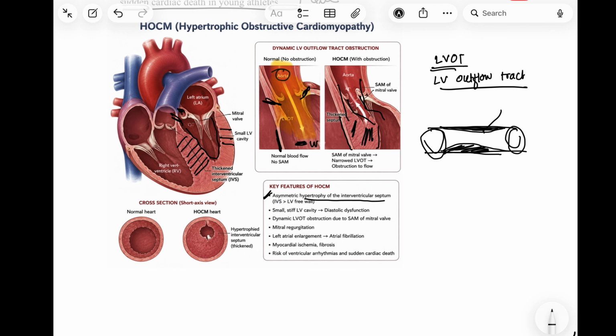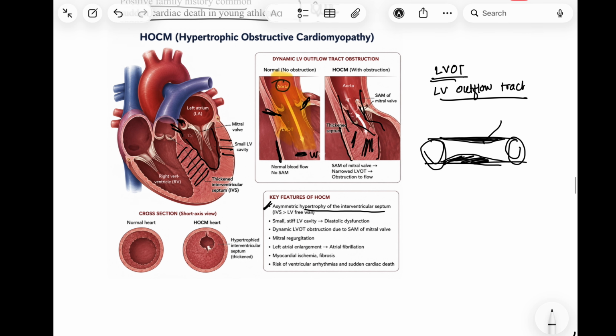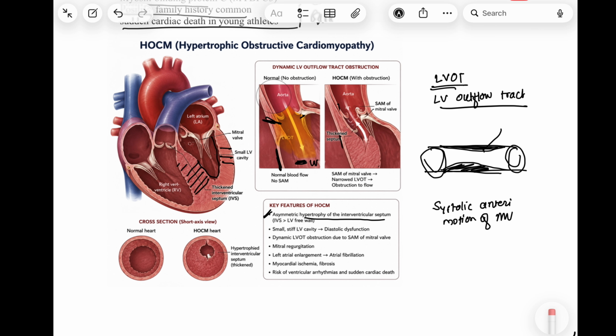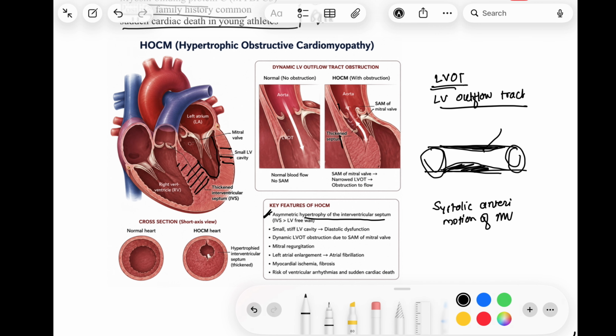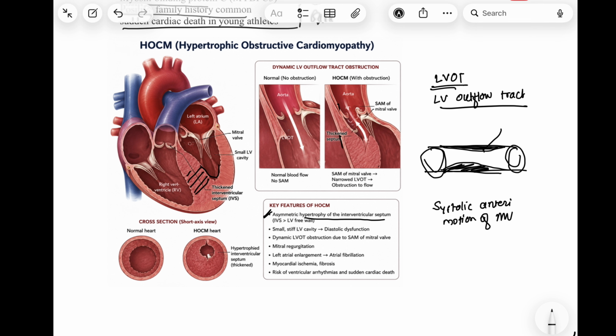One more thing I want you to understand is the SAM, that is systolic anterior motion. Now understand, what do you mean by this systolic anterior motion of the mitral valve? This is your mitral valve and this is your hypertrophied septum.